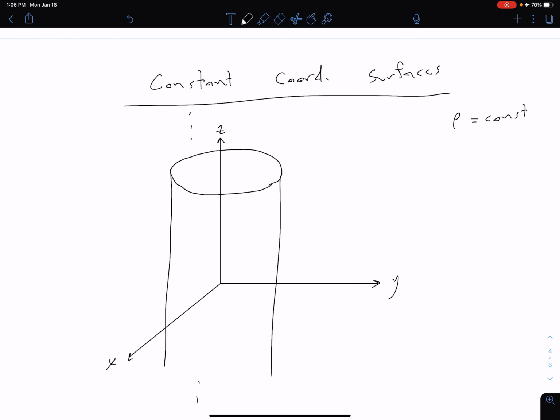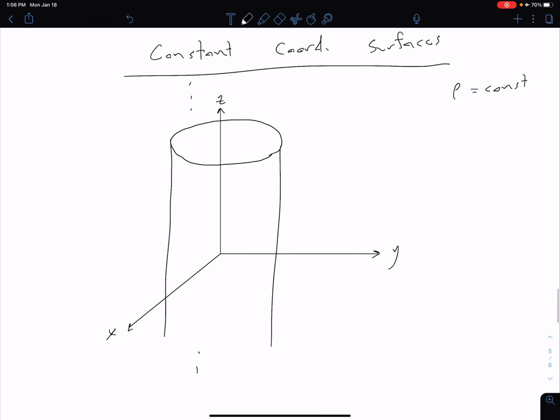For constant z, of course, it's just going to be an infinite plane. For a constant phi value, remember we talked about that sliding door. It'd be like a door coming off of our z-axis in one direction, so we would call that a semi-infinite plane.